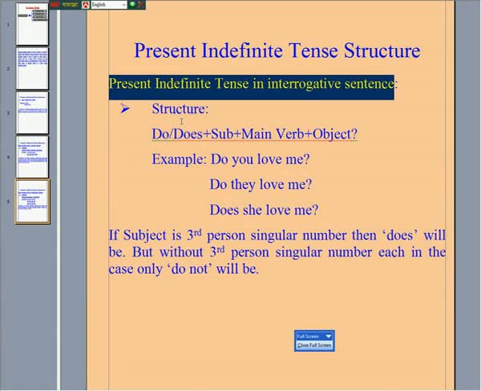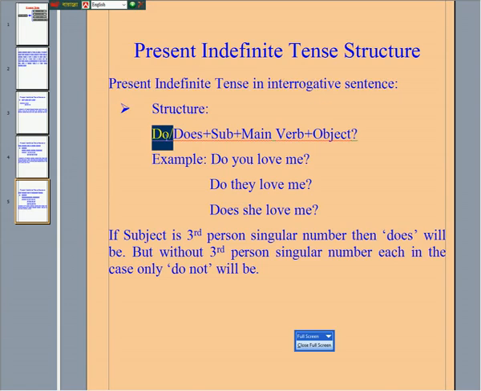Present indefinite tense in interrogative sentence structure. Look at the structure: do or does plus subject plus main verb plus object. Here are examples: Do you love me? Here do is auxiliary verb, you is subject, love is main verb, me is object, and question mark.